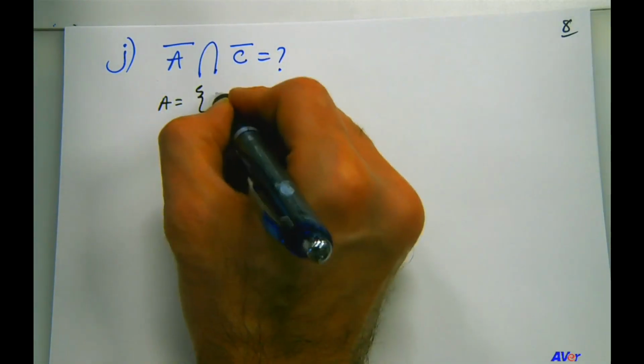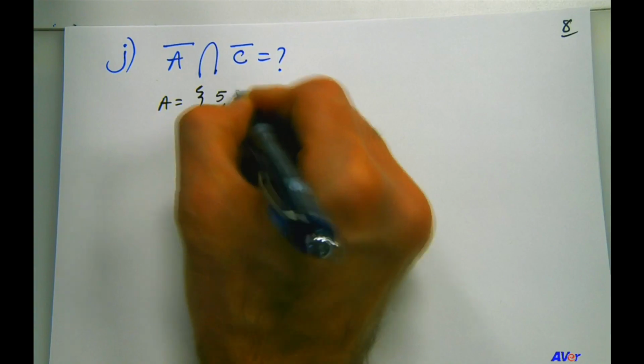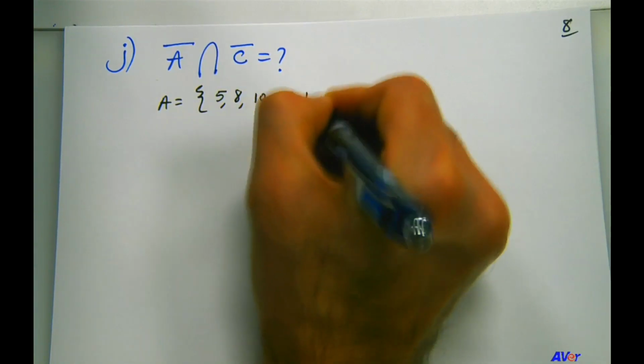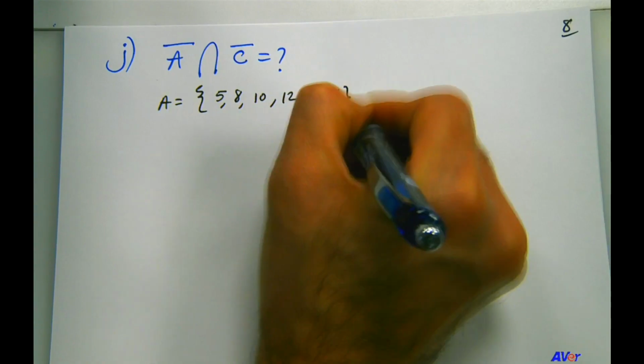So A was defined as 5, 8, 10, 12, 14, and 16, right?